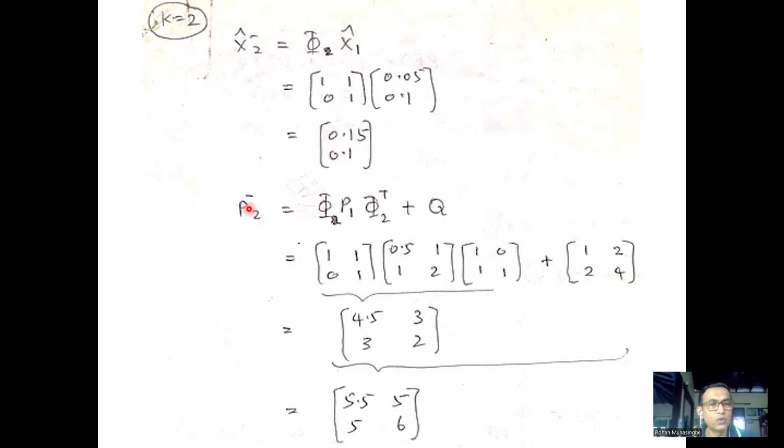What is the error covariance now at k equals 2? The draft value is given by the same equation, and you put the numbers in, and this is your answer, 4.5332. This is different to what you had earlier, because the error covariance matrix changes as you go. It's a dynamic thing.